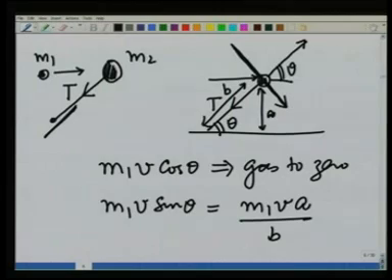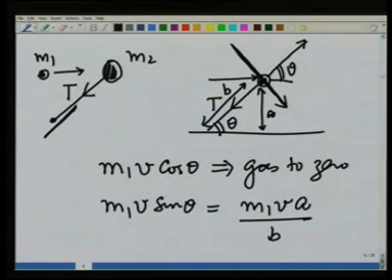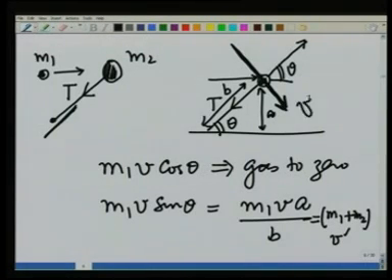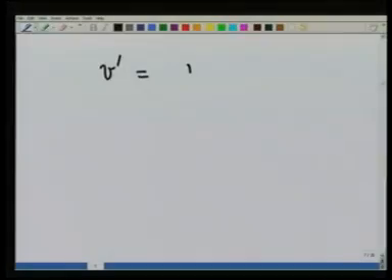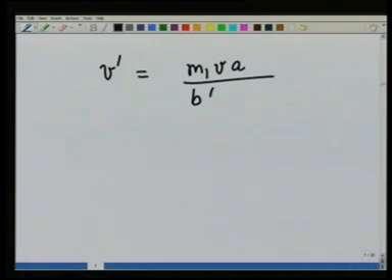And this momentum remains the same, but now after the mass m1 gets stuck with mass m2, the mass changes, and therefore the velocity v prime is going to change. This is therefore going to be (m1 plus m2) times v prime, where v prime is the new velocity in this direction, and this gives me v prime is equal to m1 v a over b (m1 plus m2).